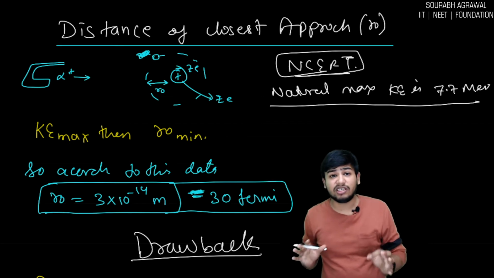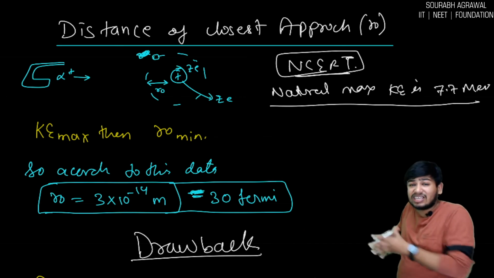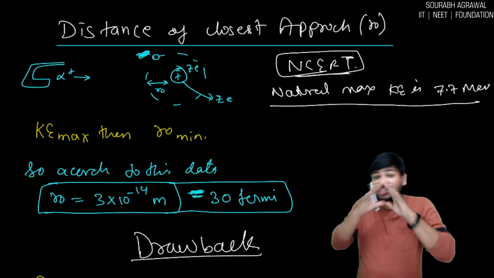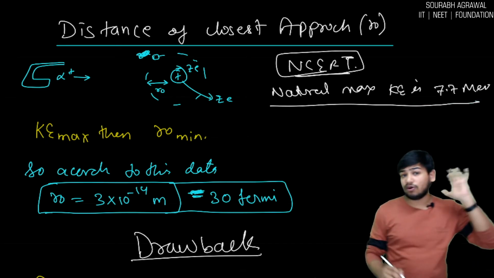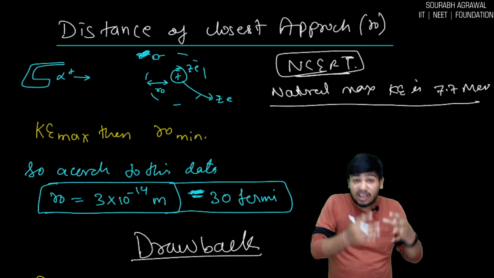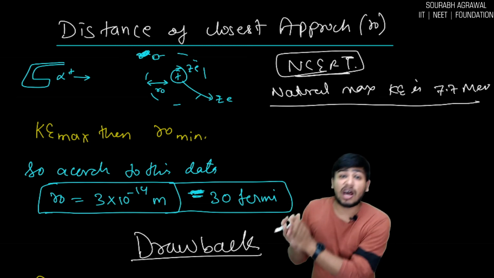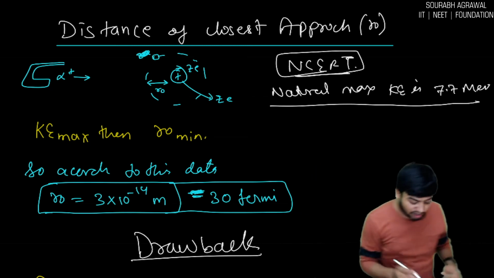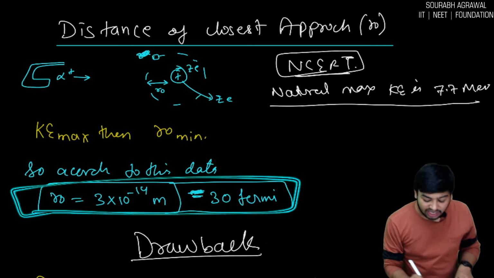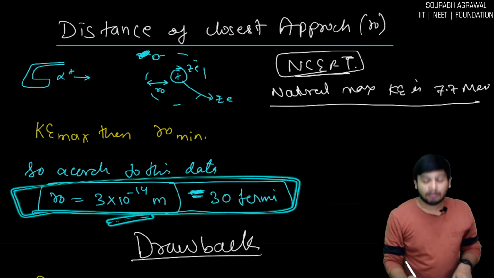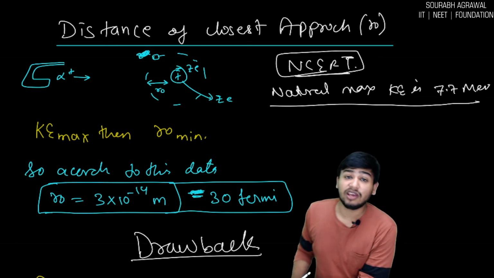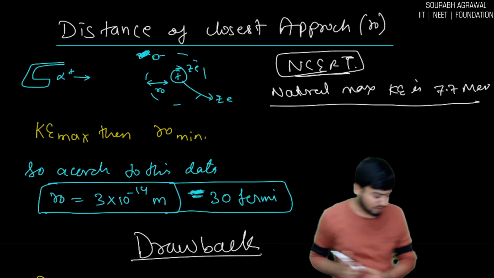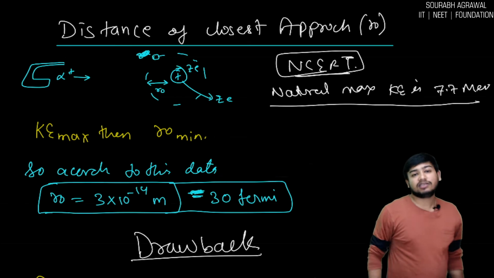When kinetic energy is maximum, R naught will be minimum, and that R naught is calculated to be 3 into 10 raised to power minus 14 meter, or 30 Fermi. You have to remember this.